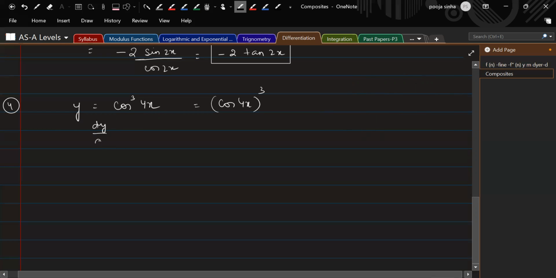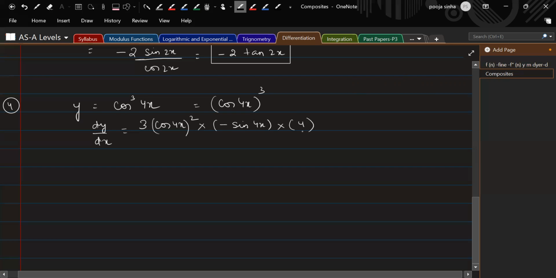That means now dy by dx of this whole thing would become, सबसे पहले हम किसको डिफरेंशिएट करेंगे? First we write 3 into cos 4x raised to 2. Into, so we'll differentiate cos 4x now, which will be minus sin 4x into 4.